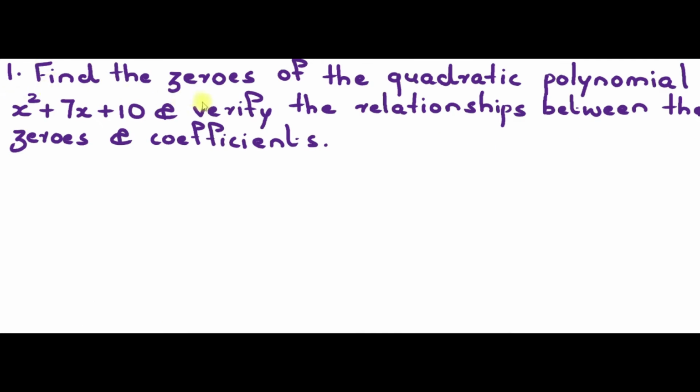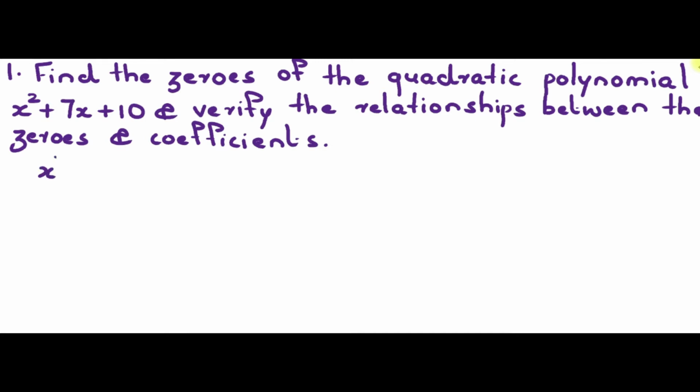First question. Find the zeros of the quadratic polynomial x square plus 7x plus 10 and verify the relationships between zeros and coefficients. For obtaining the zeros of this quadratic polynomial, you have to factorize this polynomial. So, first go for factorization.